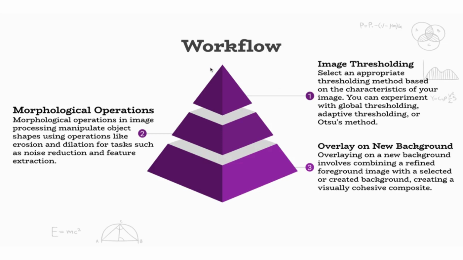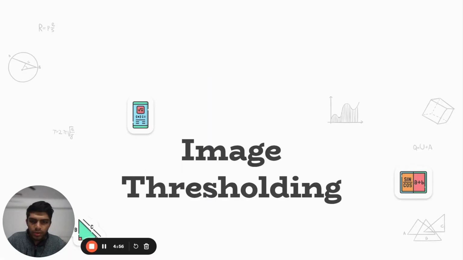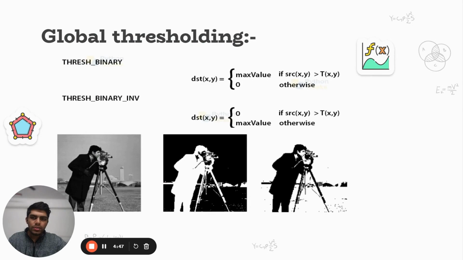So now my teammates will continue further. Hello everyone, I am Dev here. Let's understand what is image thresholding. Here we are going to use global thresholding, which involves selecting a single threshold value for the entire image. It is a straightforward method.